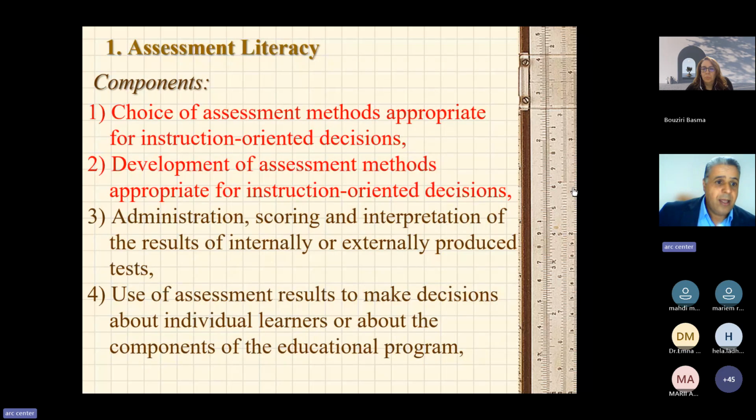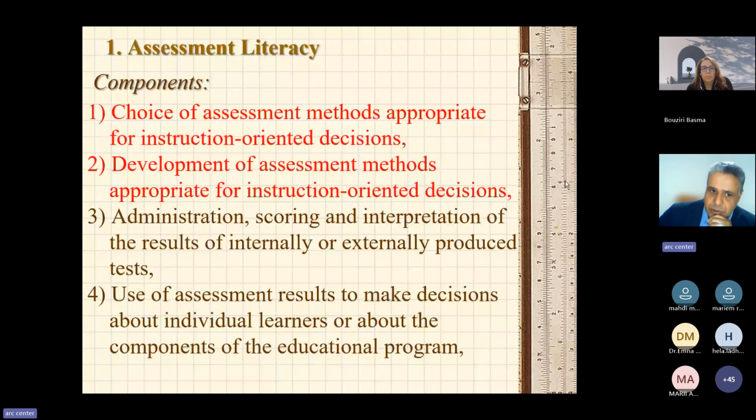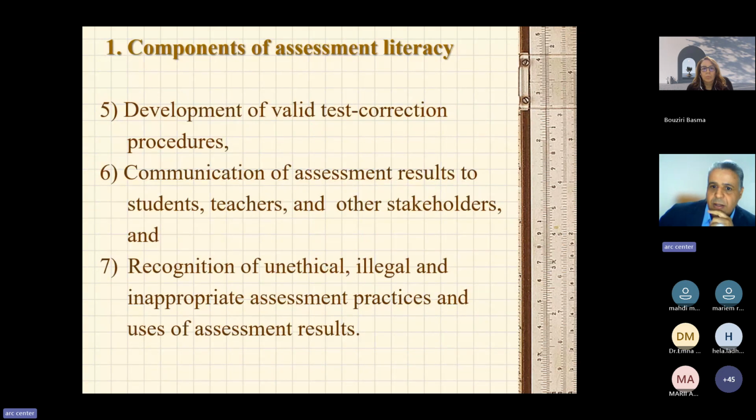Okay? And then the fifth component is the development of valid test correction procedures. So the way we correct our tests, how do we do that? What are the valid test correction procedures? And this is another knowledge that teachers should have. In some institutions, for example, we use double correction. That's a test correction procedure.